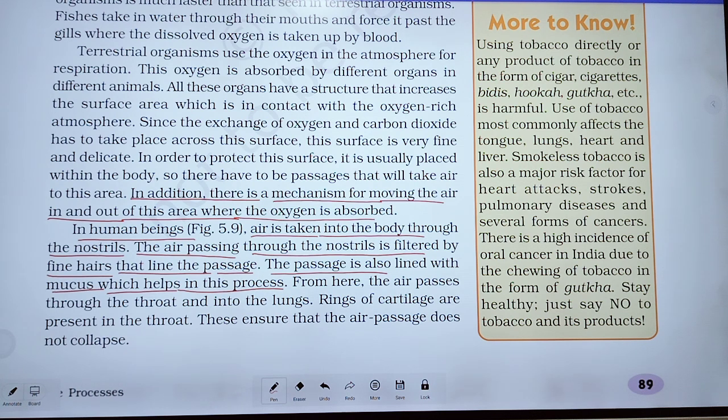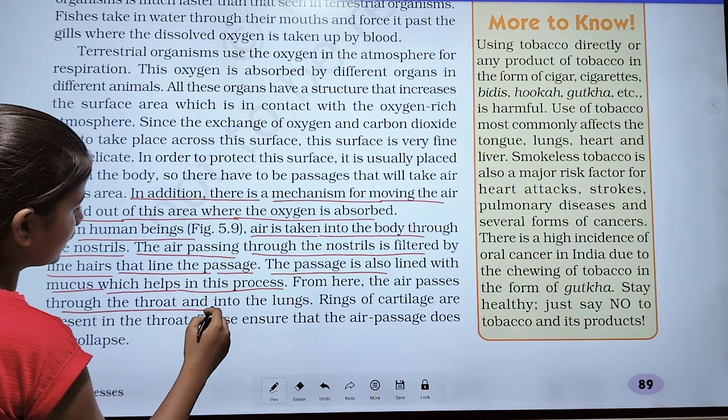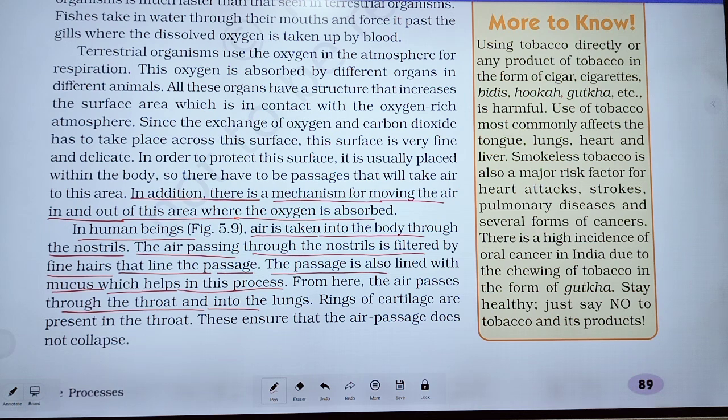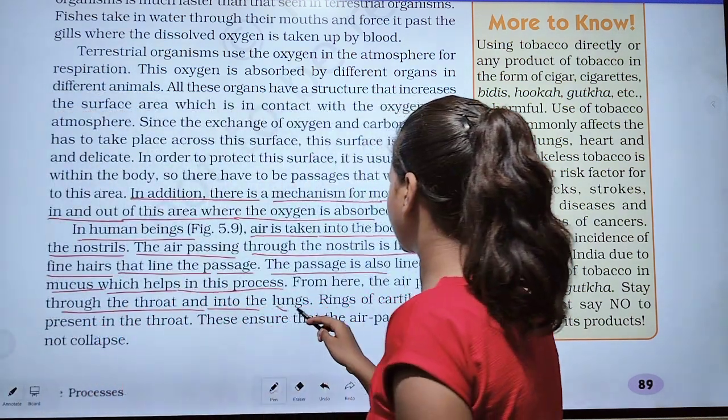From here, the air passes through the throat and into the lungs.